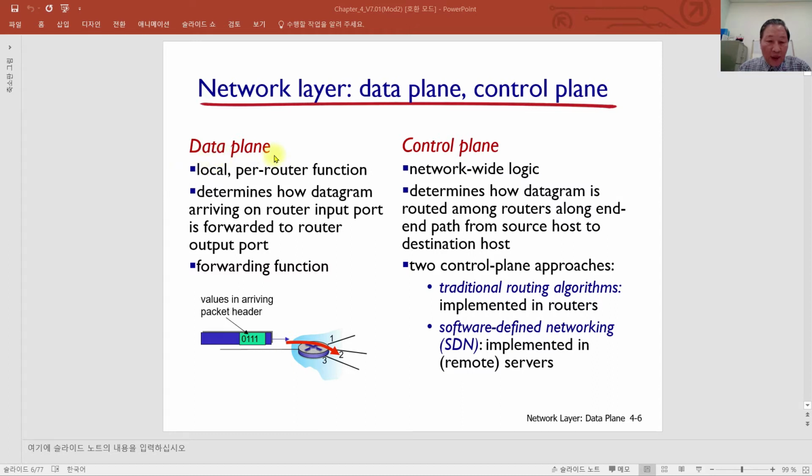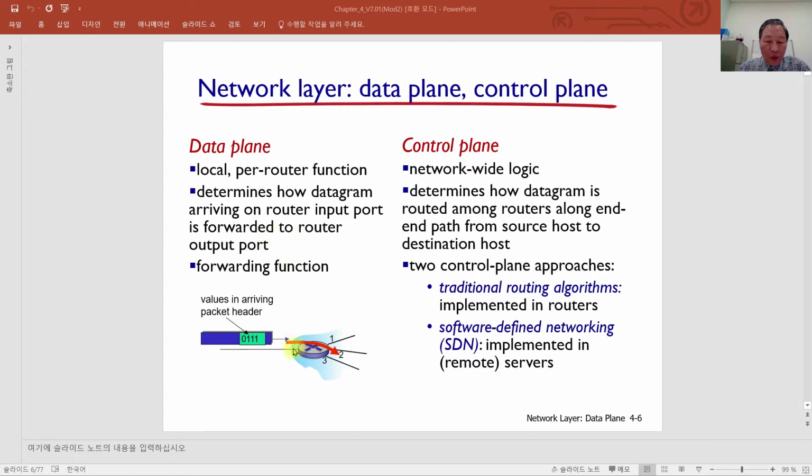Here, we'll focus on the data plane first. This one is a local, per-router function. Think about this router like a single interchange. It determines how a datagram arriving at a router input port is forwarded to a router output port.